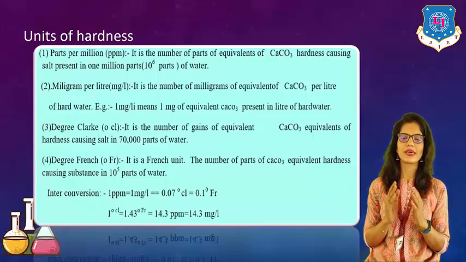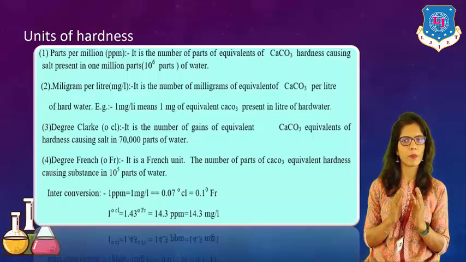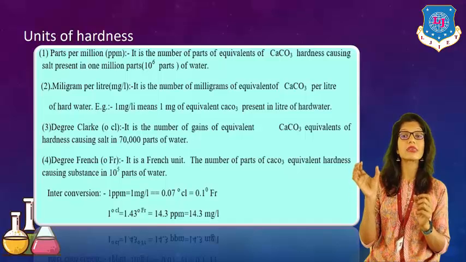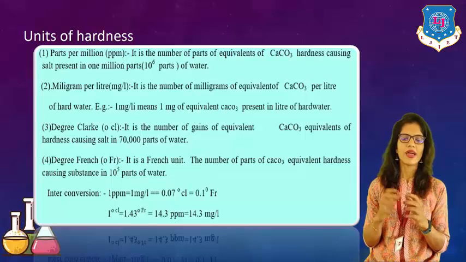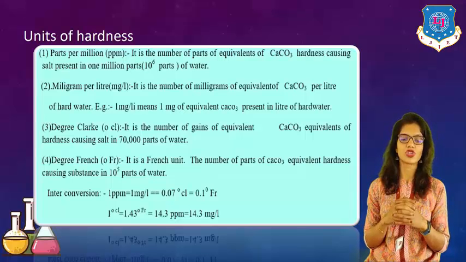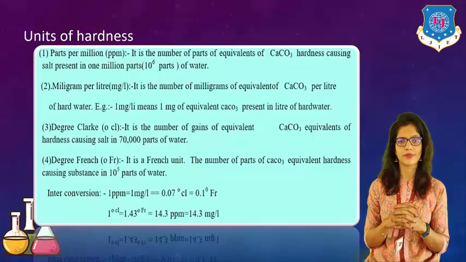Degree French is the number of parts of CaCO3 equivalents present in 10^5 parts of water. Everywhere, if you can see, the last amount, that is the solvent amount, the amount of water, will be changed. Okay. Now let's observe their interconversion.